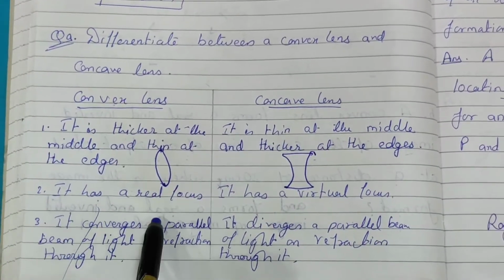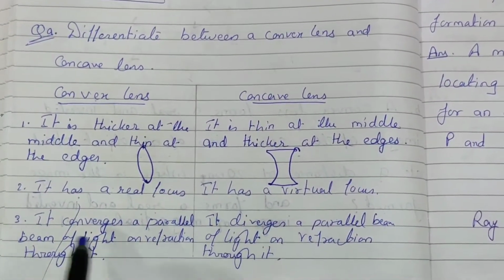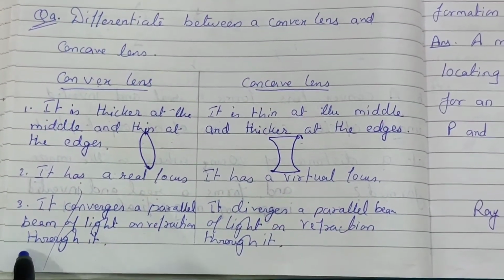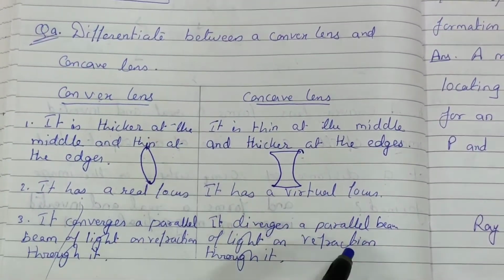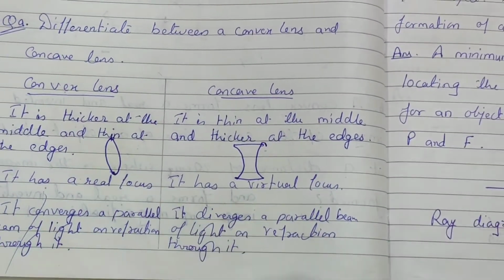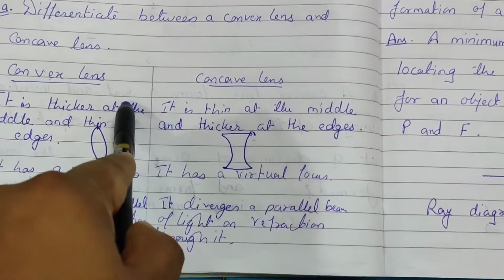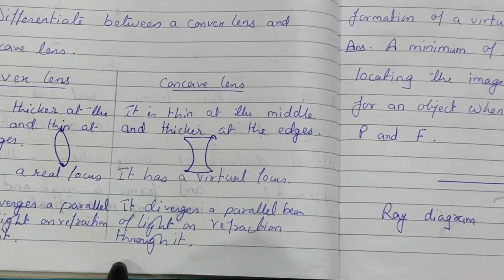Convex lens has a real focus, concave lens has a virtual focus. A convex lens converges a parallel beam of light on refraction through it, and a concave lens diverges a parallel beam of light on refraction through it.